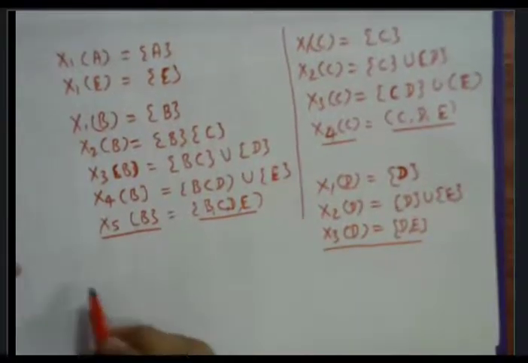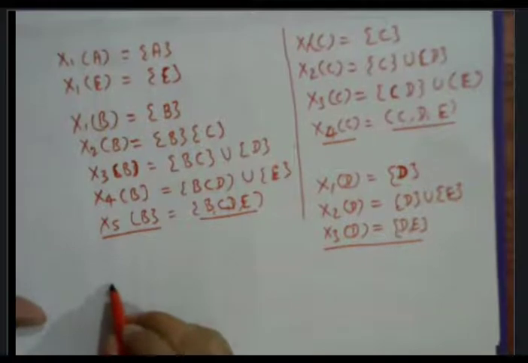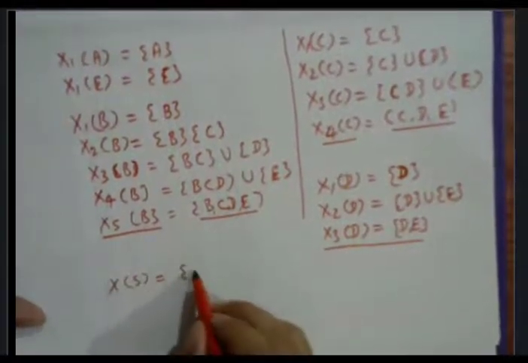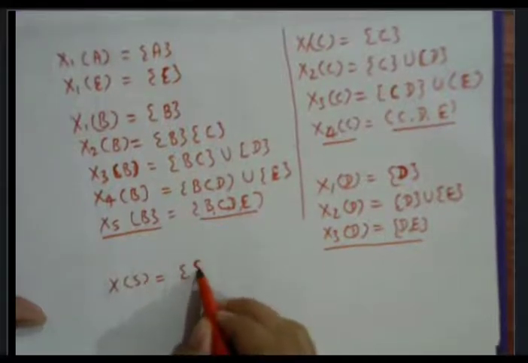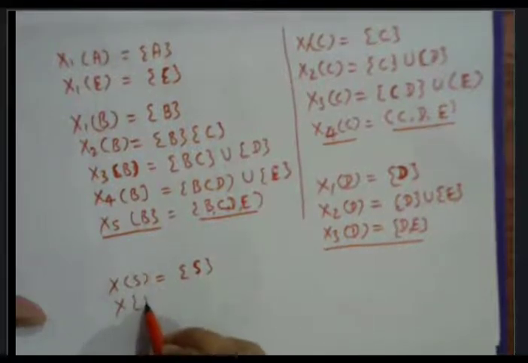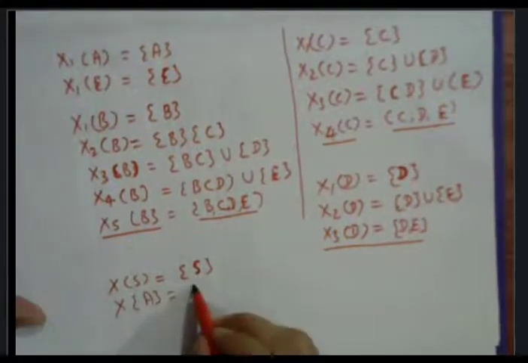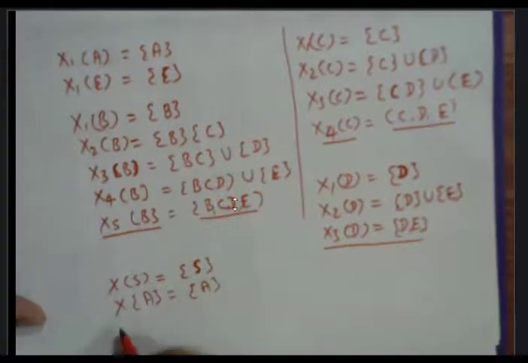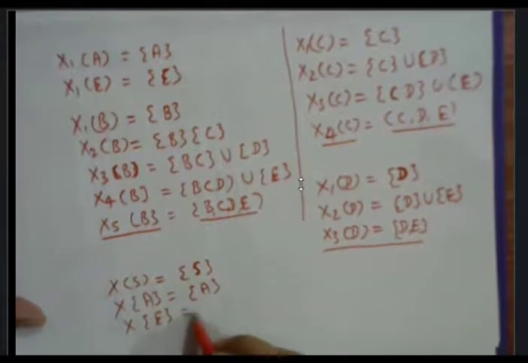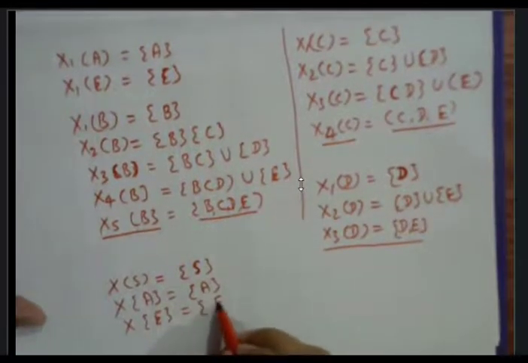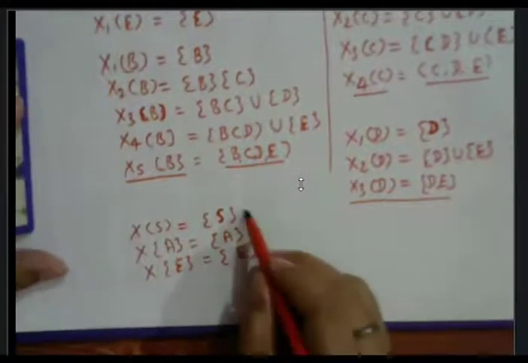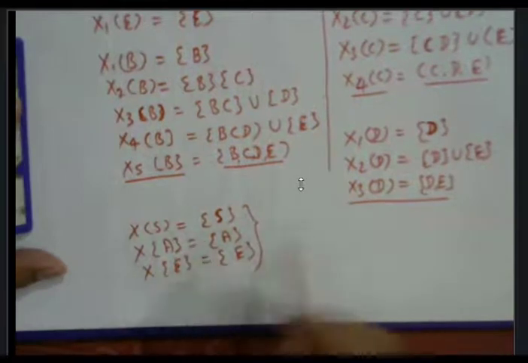Then the final value of every variable: x of S is S, that is the final value of S, x of A is the final value of A, and x of E is the final value of E. That is only the unit production, and that is the multiple production.